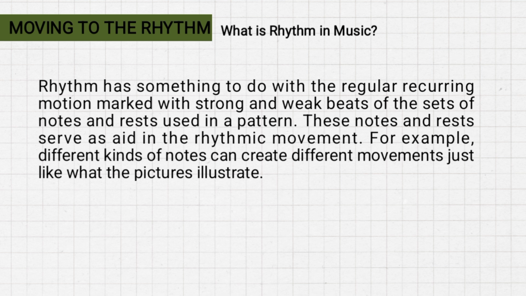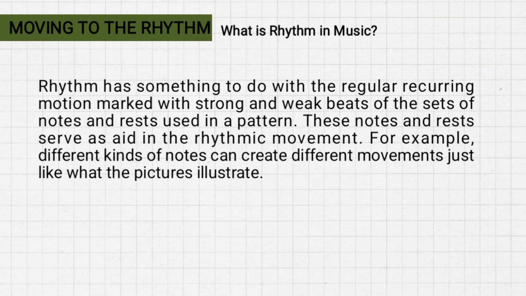For example, different kinds of notes can create different movements, just like what the pictures illustrate. Rhythm is about a pattern that repeats regularly. It involves movement that follows a steady flow, like walking, clapping, or dancing. In music, some beats feel stronger and others are weaker.